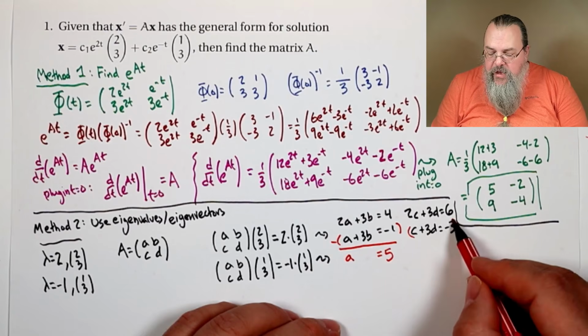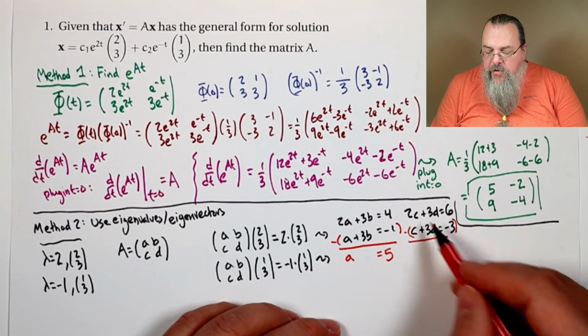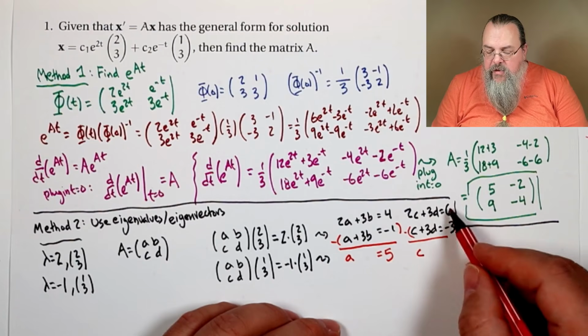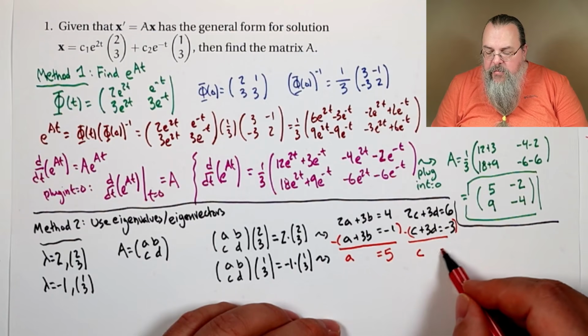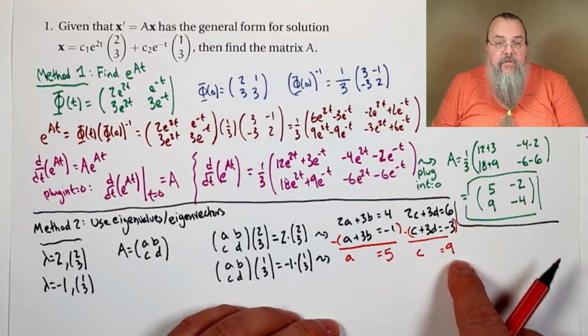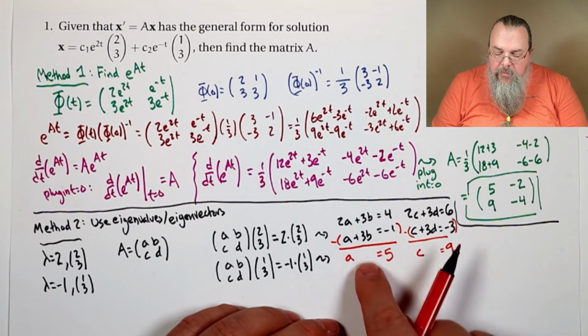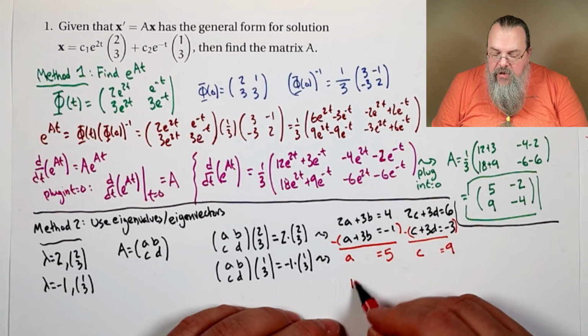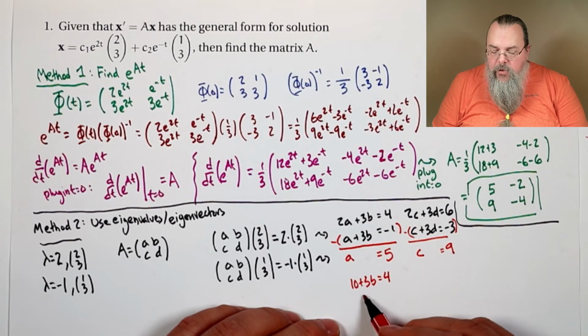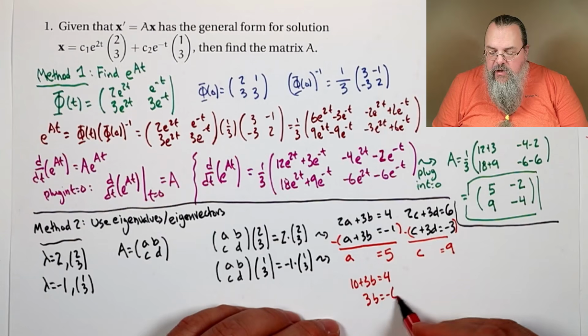Similarly, subtract here, what do we get? 2c minus c, the d's go away. 6 minus minus 3 makes 9. So a is 5, c is 9. Once you know a, plug it back in. 10 plus 3b equals 4, or 3b equals negative 6, or b is negative 2.